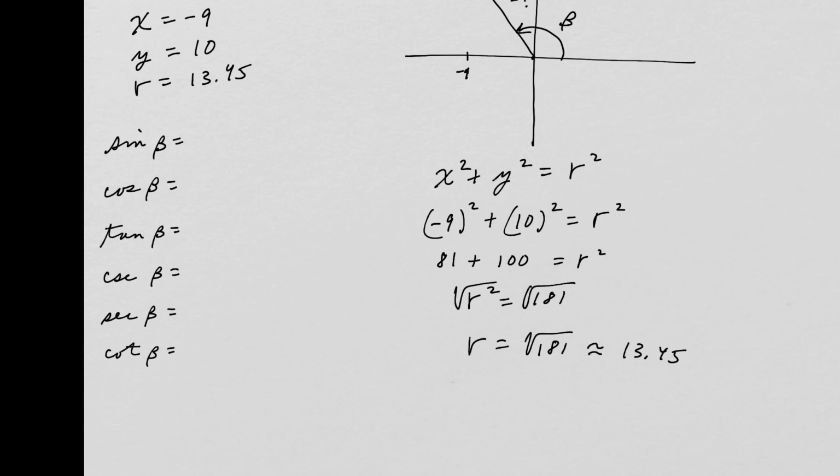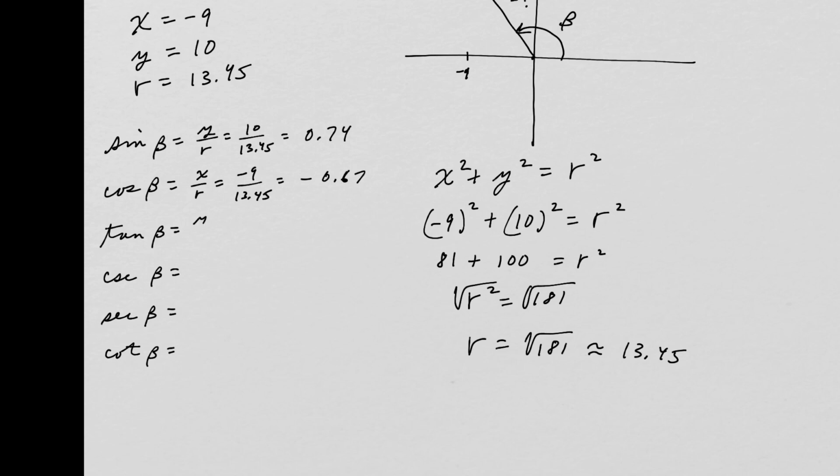Remember, sine is always y over r. So this would be 10 over 13.45. That's around 0.74. We'll just approximate. Cosine is always x over r. So that's going to be negative 9 divided by 13.45. So that's around negative 0.67.